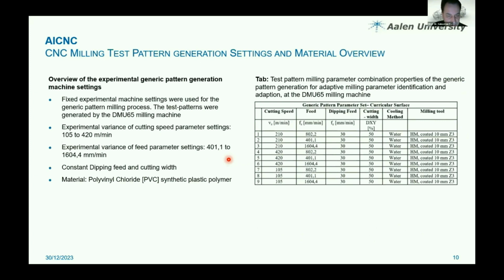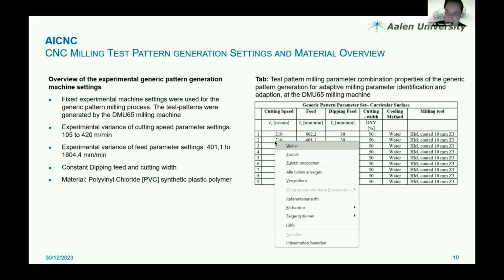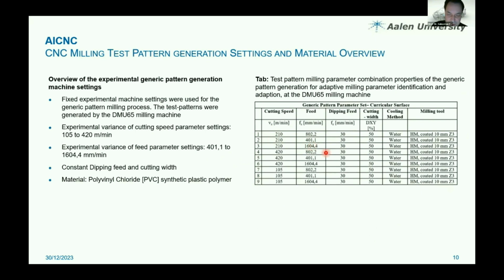So here you see what happens. On this pattern, we have at least 9 patterns, and for each circle or square we are running, we use a special combination of cutting speed and feed. The dipping feed, cutting rate, cooling methods, and also the tool are the same. We make a variation of cutting speed and feed according to some desired borders.